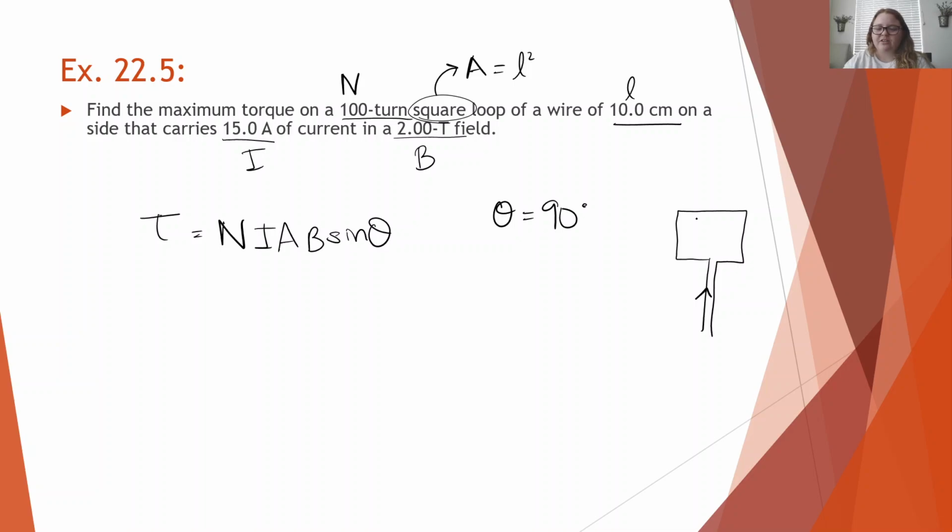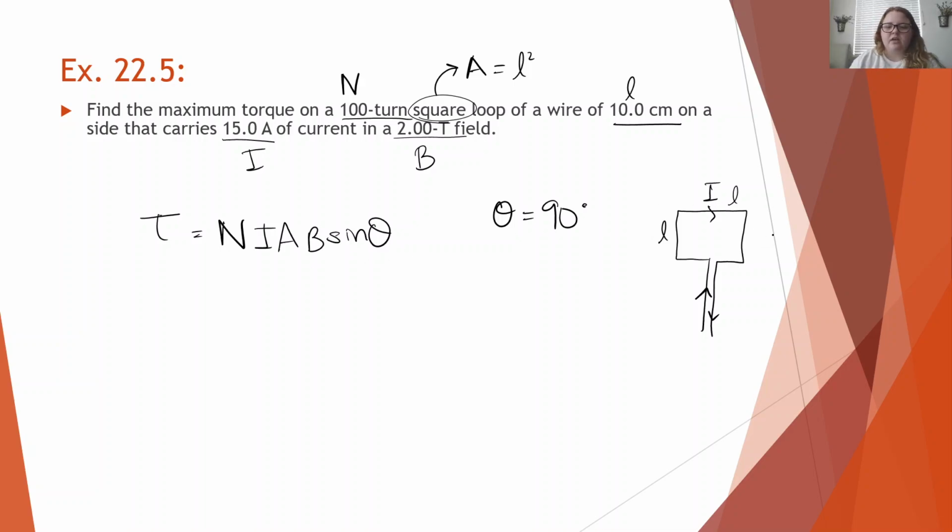Okay, so we have some current flowing through it like that. And this is going to be a square, so this is L, and this is also L, the length. But it has 100 turns, so times 100 of those, and carries some current with some B field.